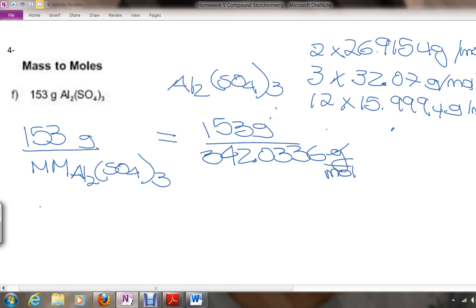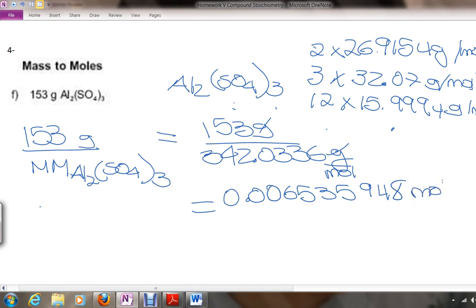And this is going to give us, I'm going to do it on the bottom, 153 divided by 342.0336, which gives you 0.006535948 moles.